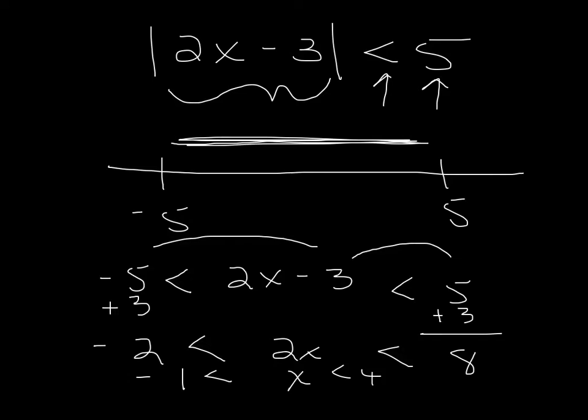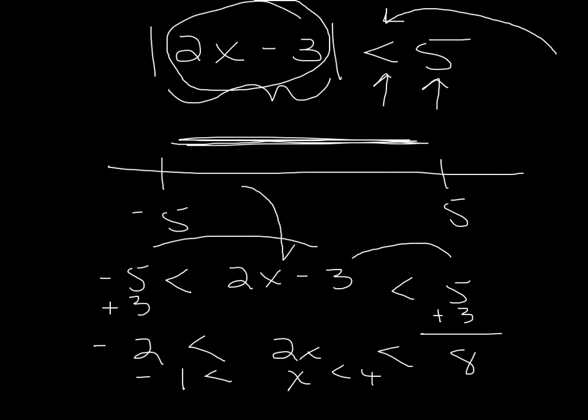Now, when you look at these things, every time you have an inequality that is less than, that is the rule. You're going to take what's inside the absolute value bars, put it in the middle, and it's going to be less than the positive of this number and greater than the negative of that number.